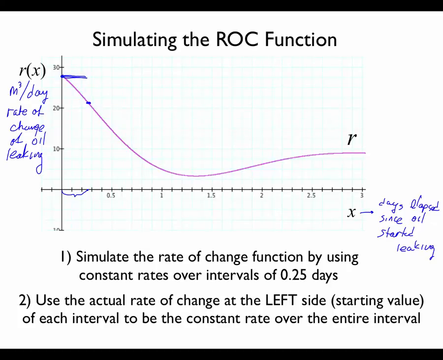And so for that whole interval from 0.25 to 0.5, the constant rate of change is whatever it was at 0.25. Okay, so you guys keep going. Get help if you need help. Work together if you want.